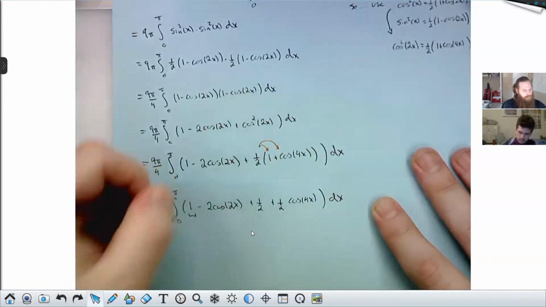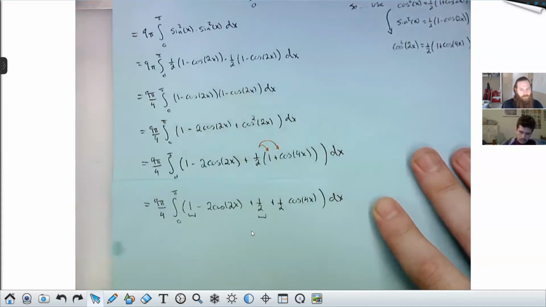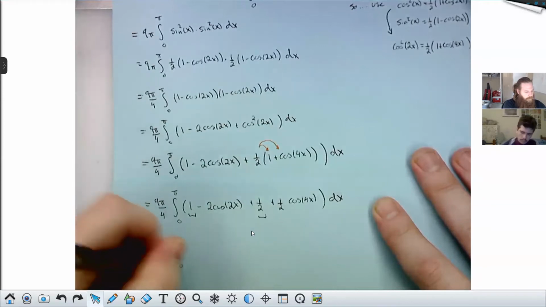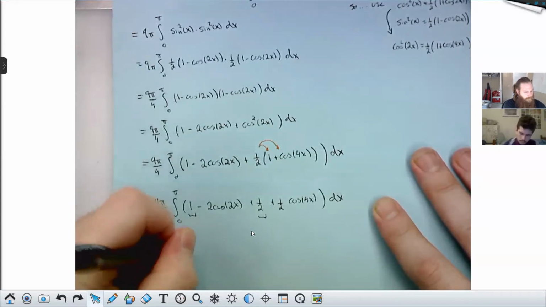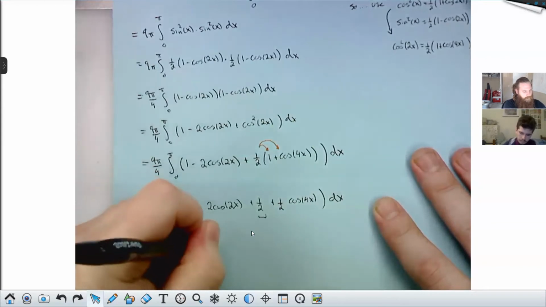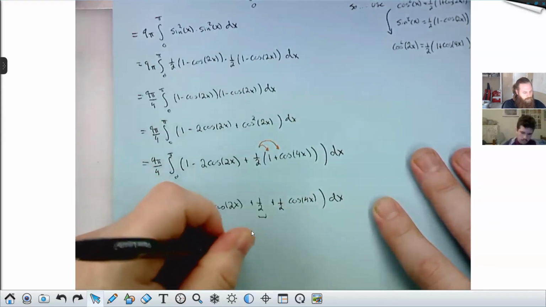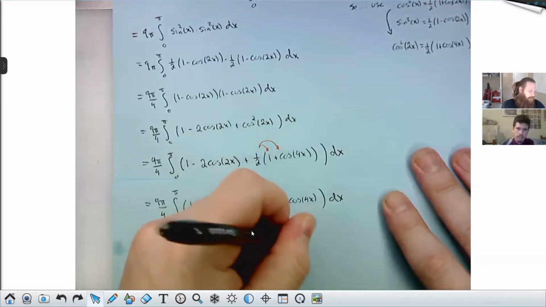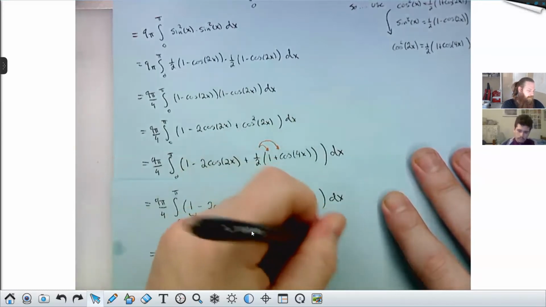And now this and this are like terms, so we just put them together. And 1 plus 1/2, that's 3/2. So this is 3/2 minus 2 cosine of 2x plus 1/2 cosine of 4x dx.